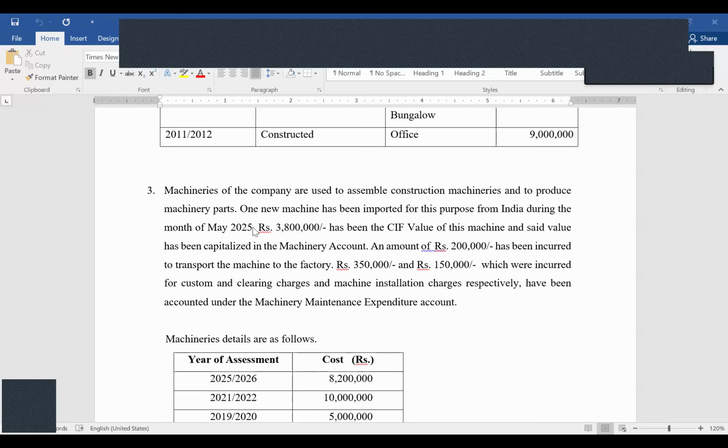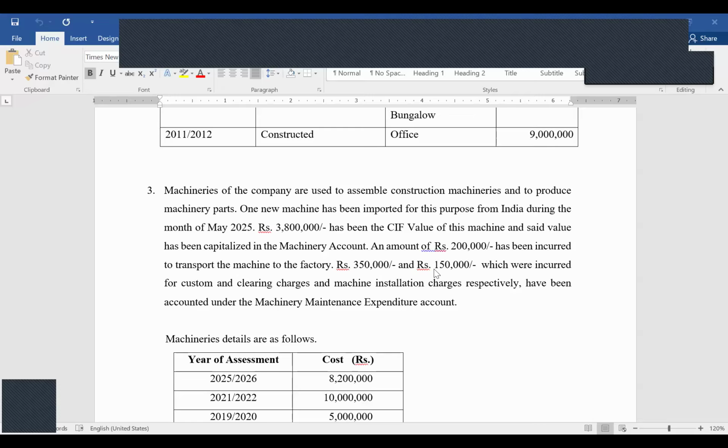imported from India. So the CIF value is 3.8 million, but in addition to that they have incurred transportation charges, clearing charges and everything: transporting the machinery to the factory, then customs clearing and machine installation. All these three expenditures are also a part of the machine, because they incurred this expenditure prior to installation and prior to starting work.